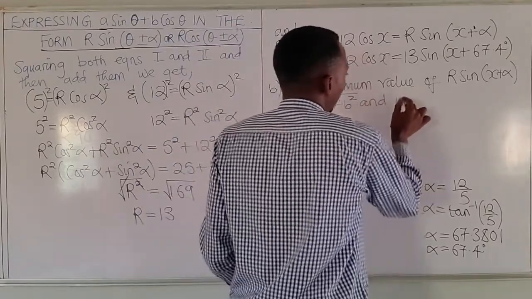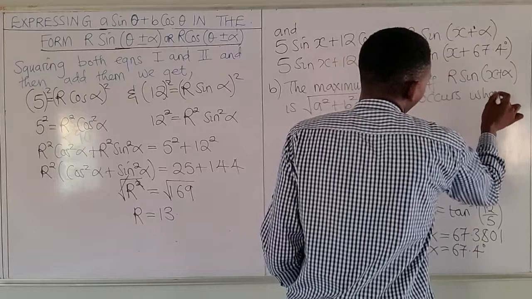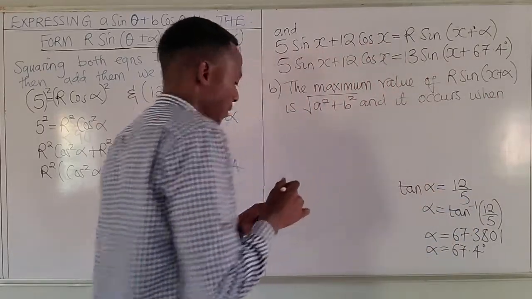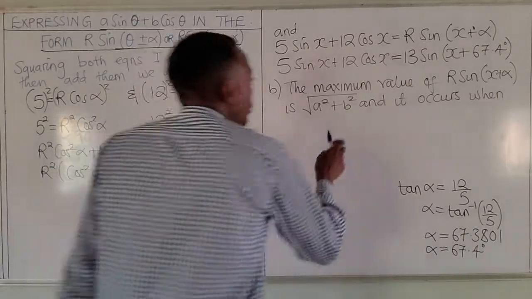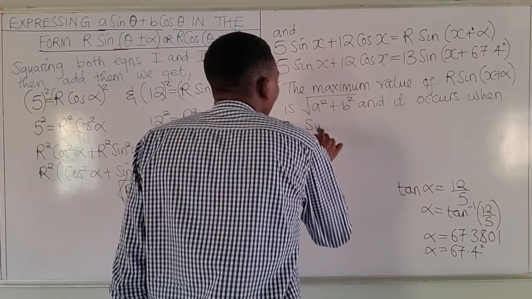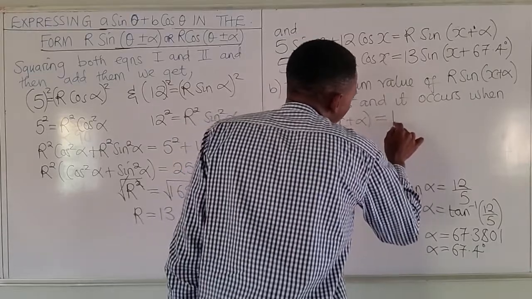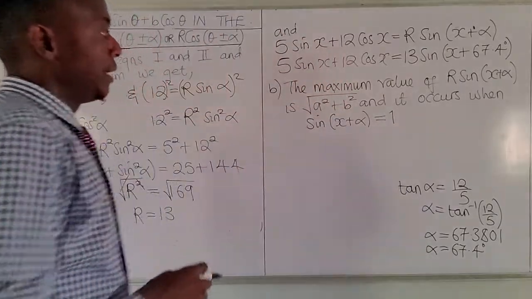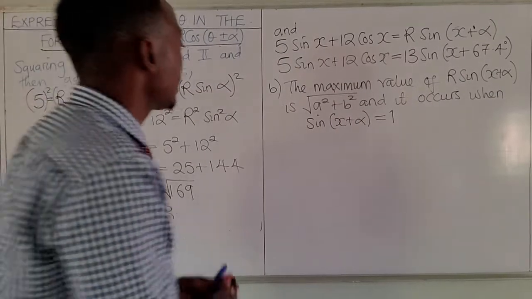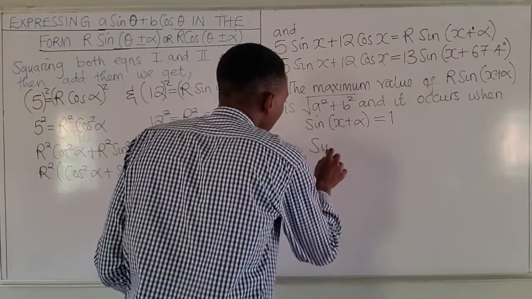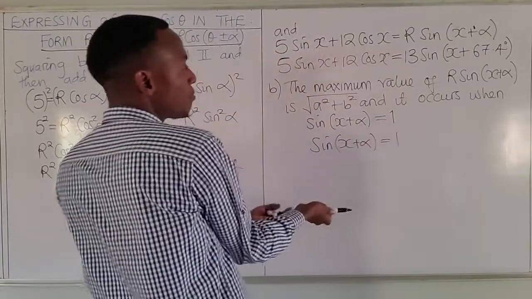And this occurs when sine of x plus alpha is equal to 1. So now, from here we can see we know that sine of x plus alpha is equal to 1. That's where the maximum value is occurring from.